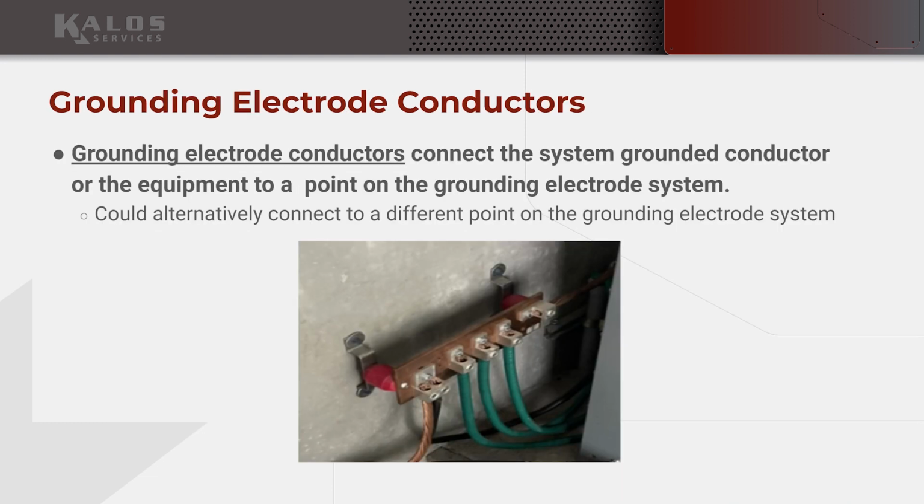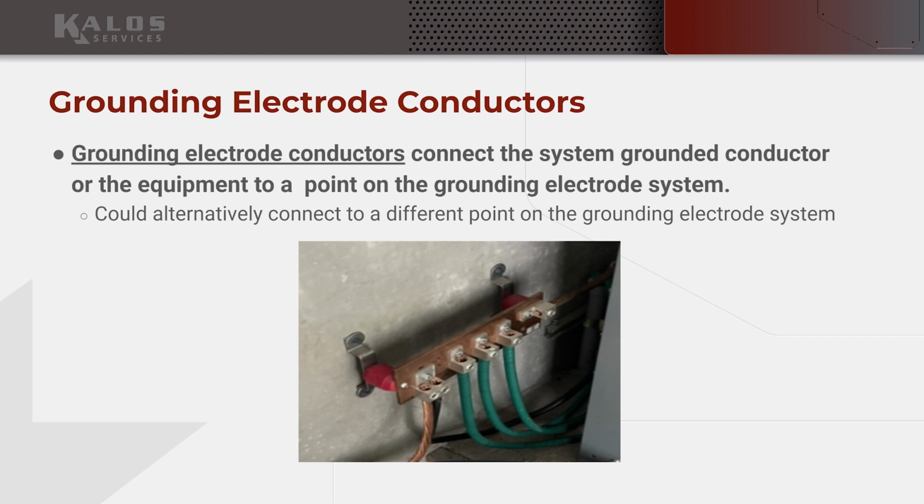Grounding electrode conductors. What did I have this slide for? I just wanted to show that this is something we do frequently in new construction, where we interconnect all of our grounding electrodes by a ground bar inside of our main electrical rooms. Here, one of these conductors coming in is our footer steel. Another one is our ground rods.